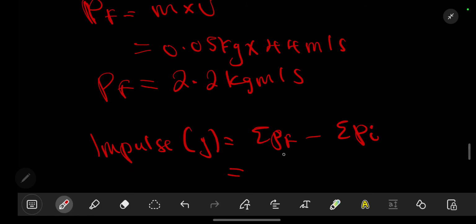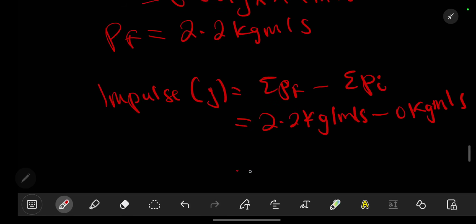That will be equal to the final momentum, 2.2 kg meters per second, minus the initial momentum, which is 0 because it was at rest at first. When we subtract, 0 doesn't change anything, so we are just going to have 2.2 kg meters per second.